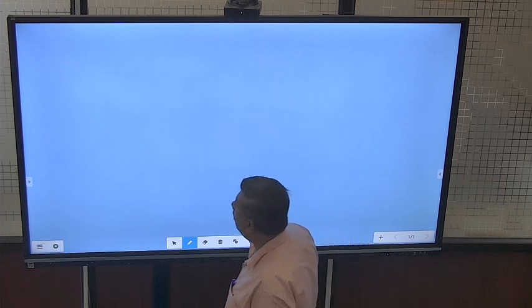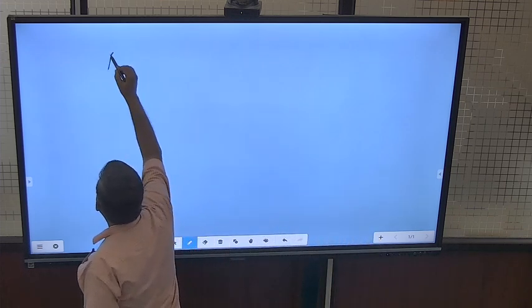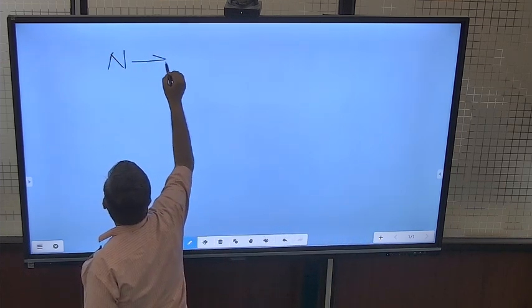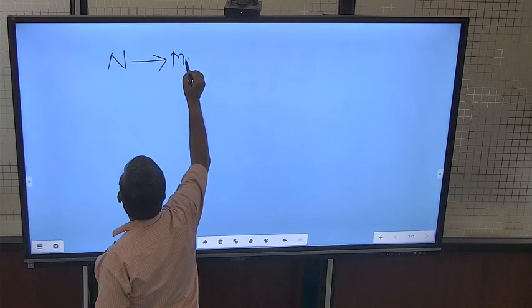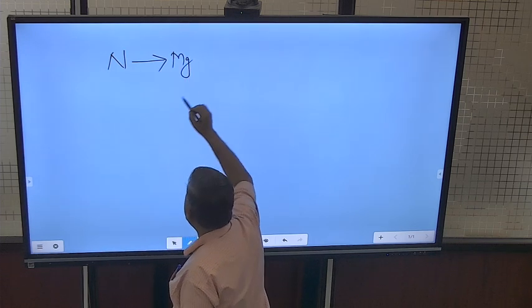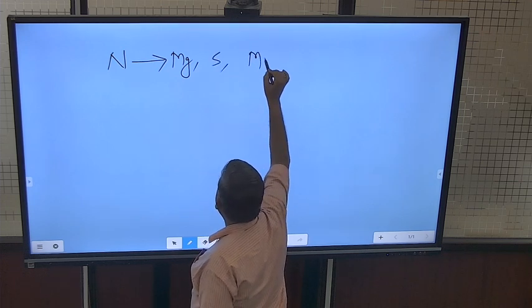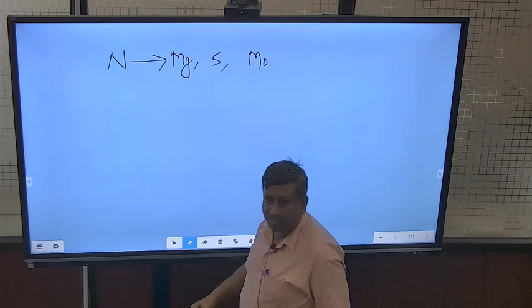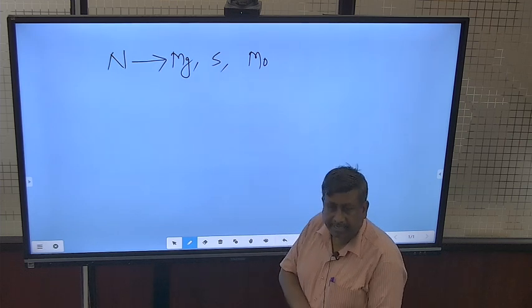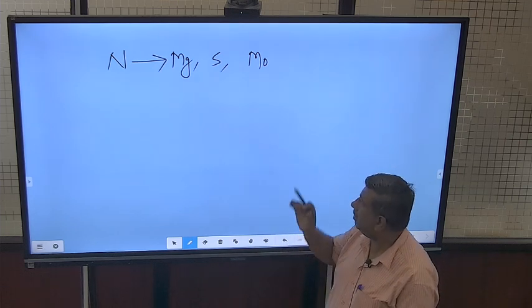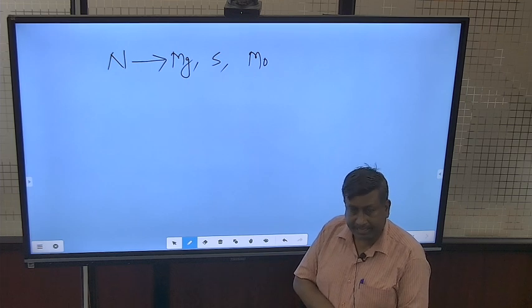If we talk about nitrogen deficiency symptoms, they are very confusing, similar to magnesium, sulfur and molybdenum. So, how can we make a difference, because in all the cases chlorosis is there?